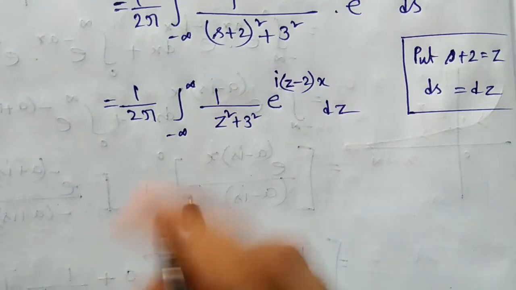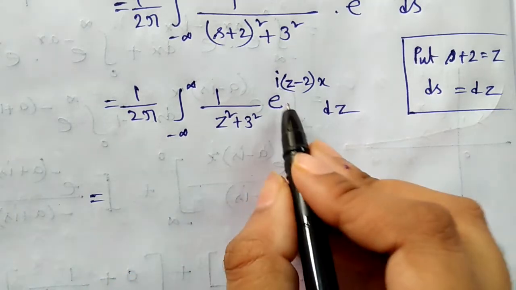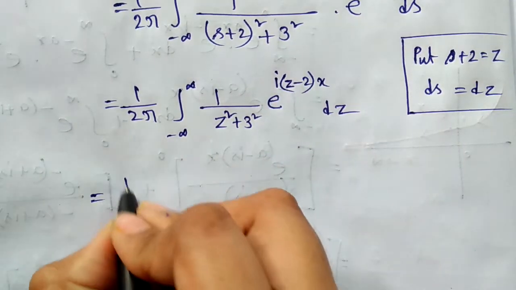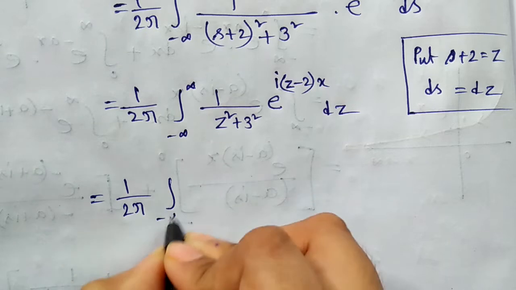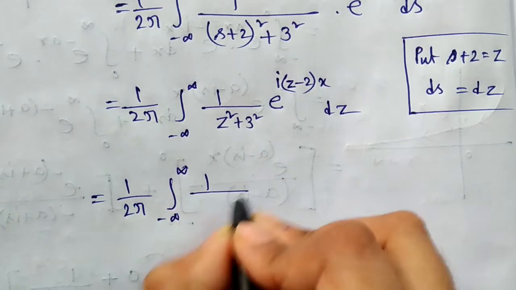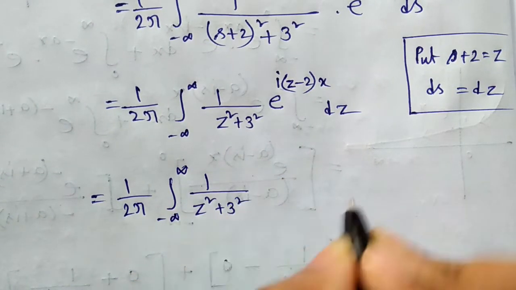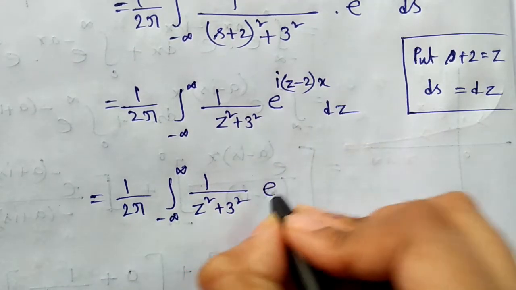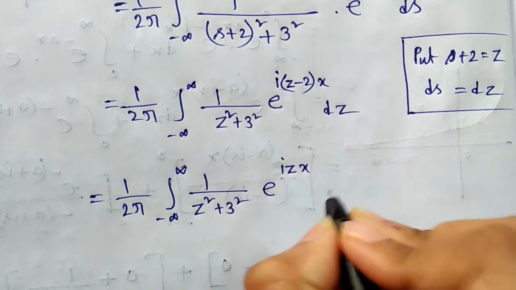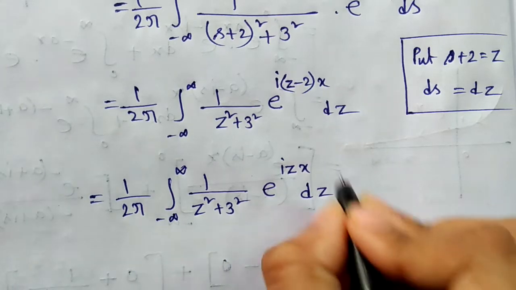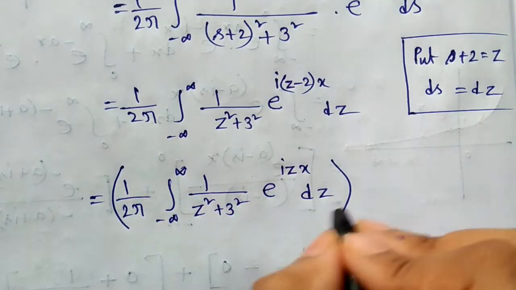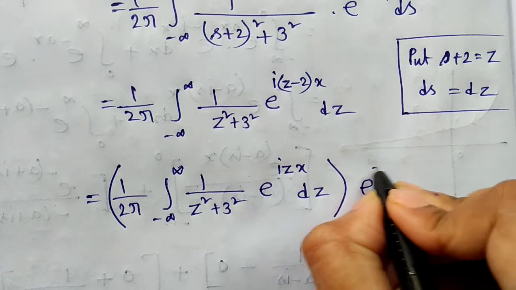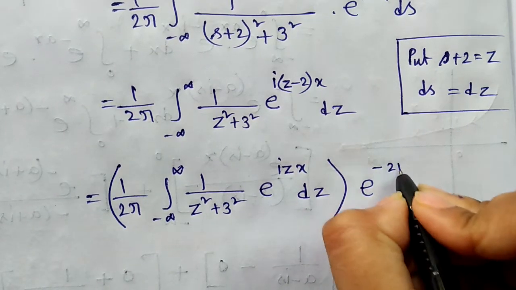So we get this. Now again we split up this portion. So 1 by 2 pi integration minus infinity to infinity 1 by z square plus 3 square. Now this can be written as e to the power izx dz, and bracketing this portion, and write the remaining part, that is e to the power minus 2ix.